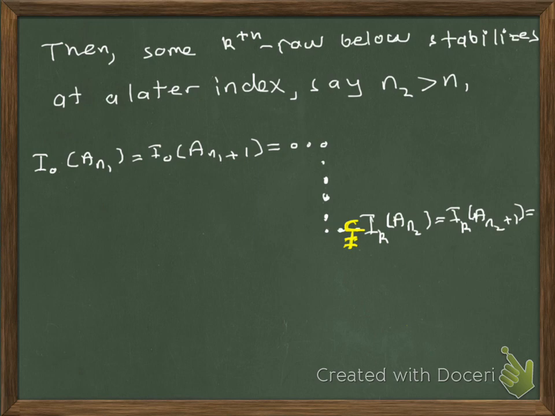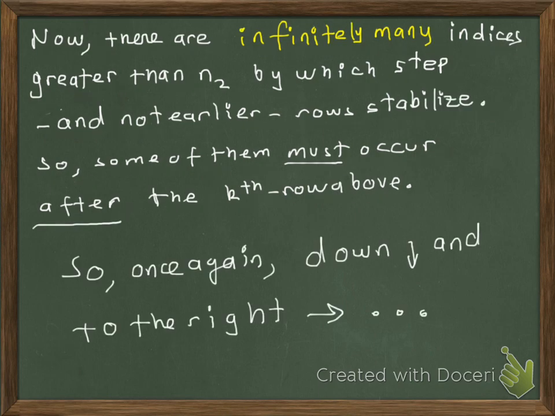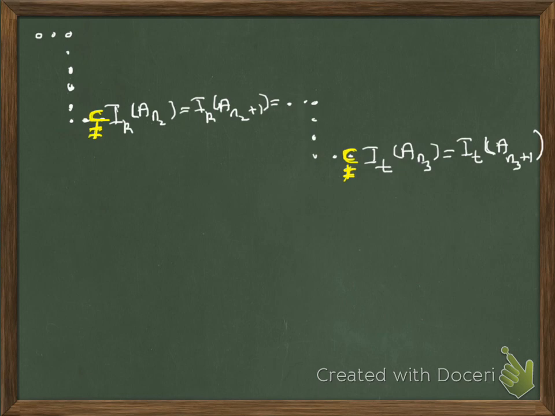Since there are infinitely many such rows, they can't all be squeezed between the first and the kth rows. So at least one of them must occur after the kth row. What this means for us is this: you go down and to the right, once again, to find a tth row, which is further below the kth row, and which stops later than the kth row does. This was the inductive part.